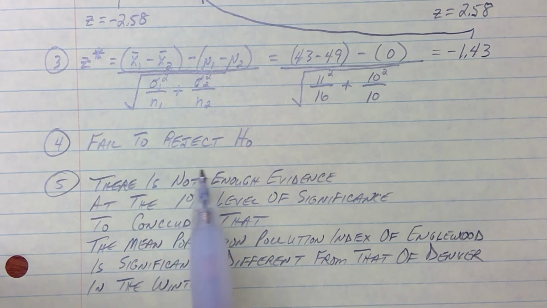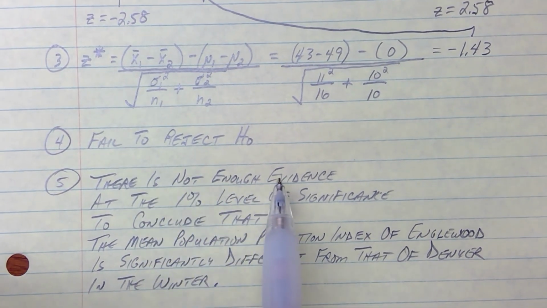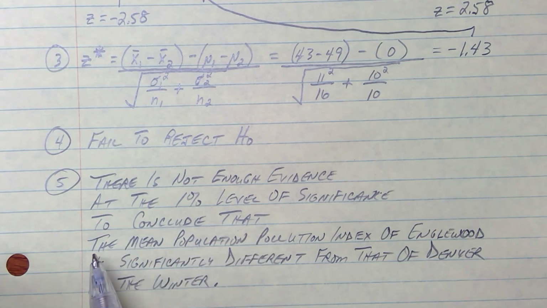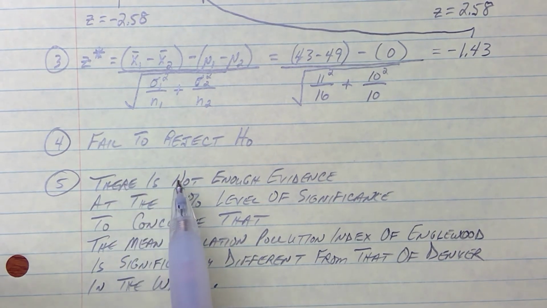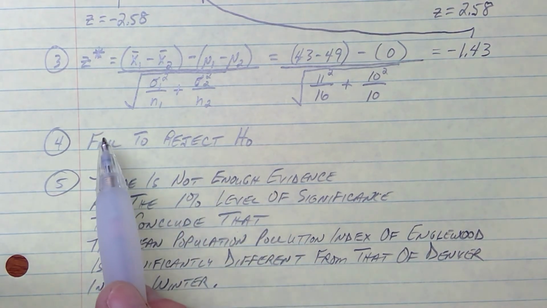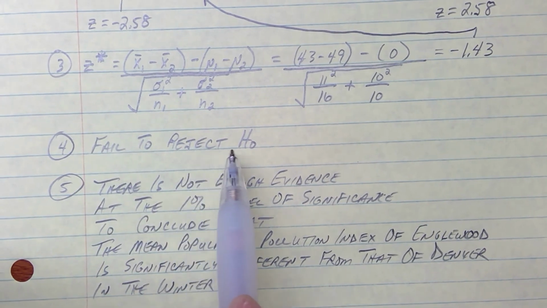There is not enough evidence at the 1% level of significance to conclude that, and then just restate your challenge from the words: the mean population pollution index of Inglewood is, I like to throw in, significantly different from that of Denver in the winter. That was my challenge. I tried to prove that they were significantly different, but I could not gather enough evidence. So I failed to reject what they said.